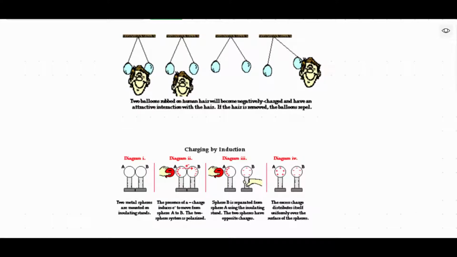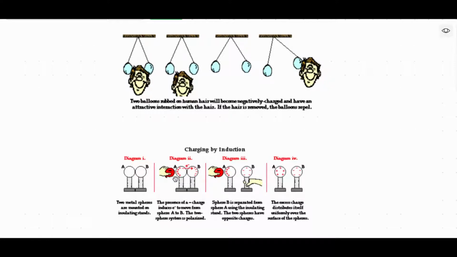You can see this on the bottom image here, where there are these two spheres and a negative charge is brought next to, not even touching, just next to sphere A over here.